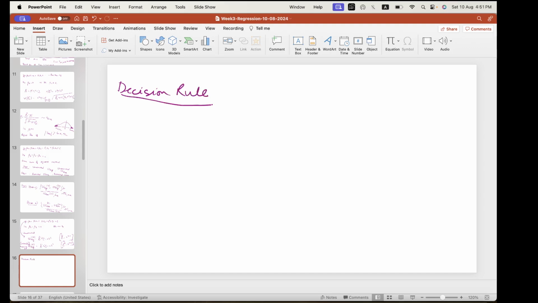So what will the decision rule be? Decision rule would be to reject H naught if and only if F observed exceeds F, how much would this be? This would be F with r and n minus k.